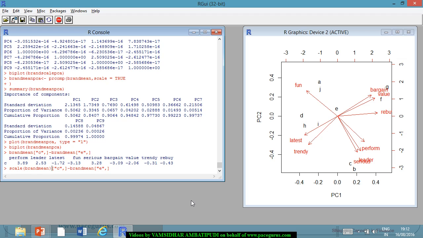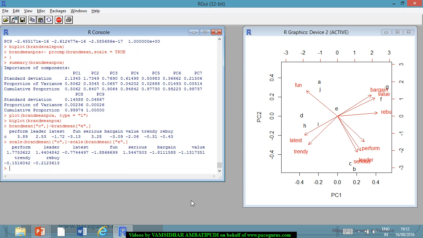Out of that, I want to take for C, minus the scaled value of the brand mean of E, is what I would like to take.